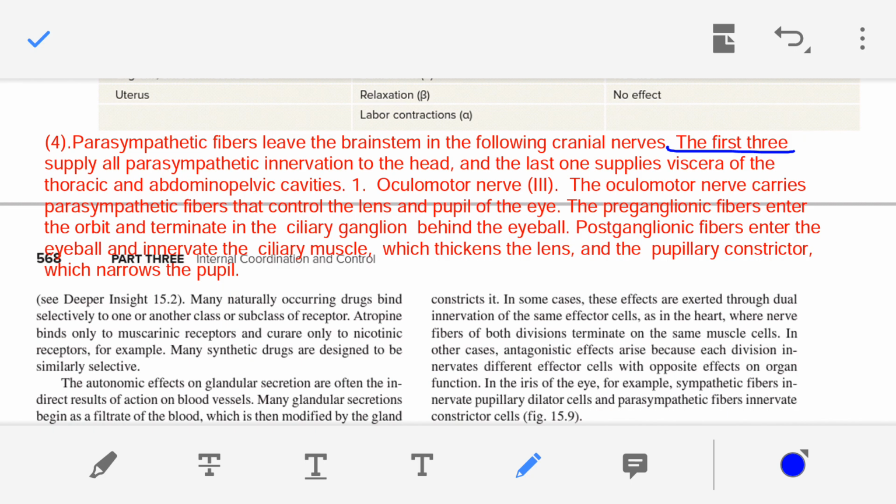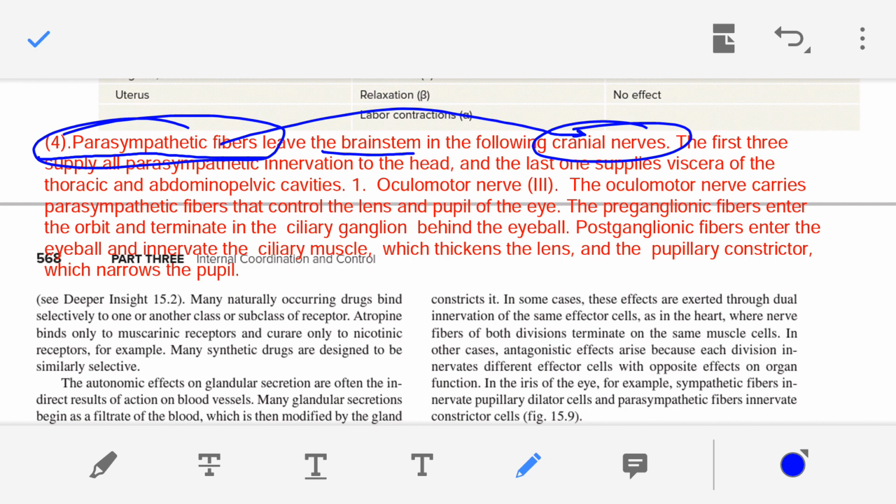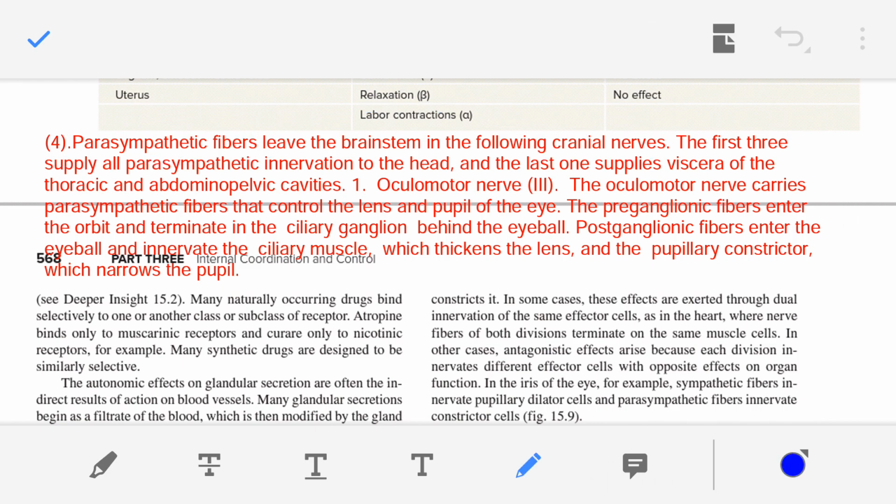That means the parasympathetic fibers leave the brainstem and join the cranial nerve, and along with the nerve they innervate our head, then the visceral organs.